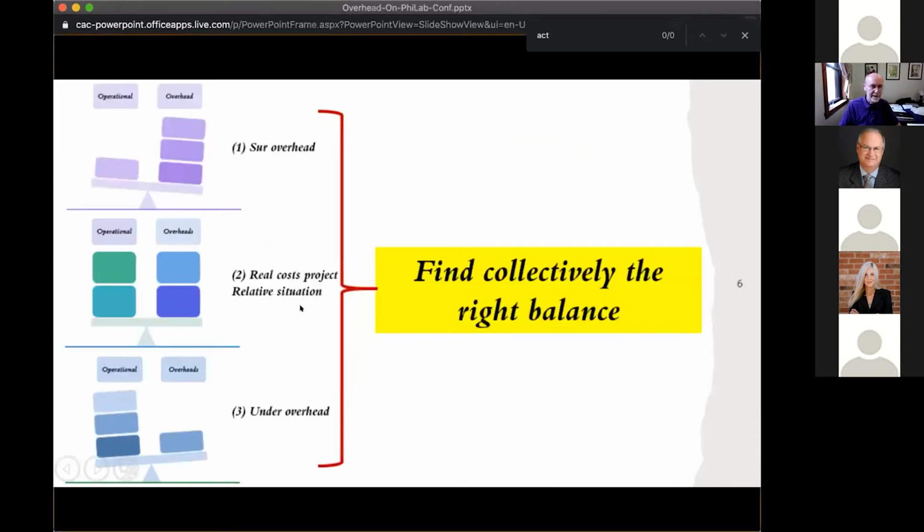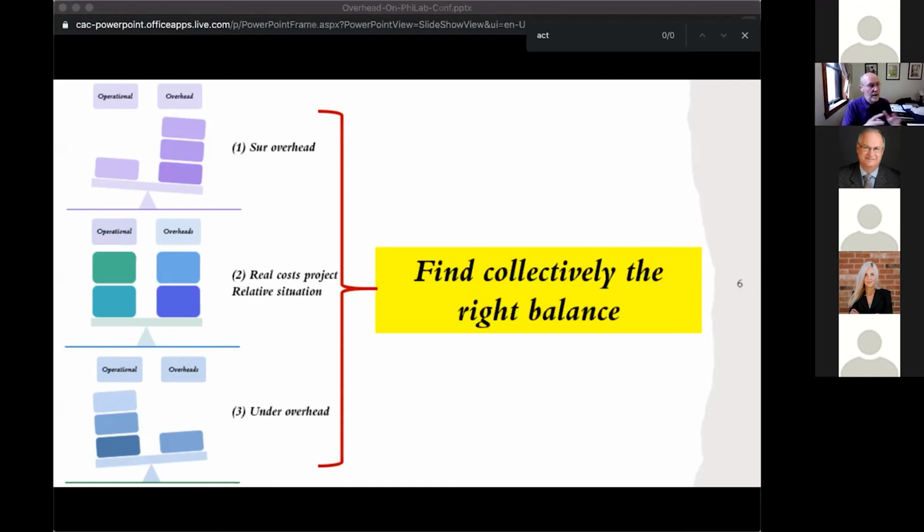So my next slide is trying to find a good balance between too much money going to overhead, what I call the sur-overhead, I'm not sure if it's good English, and the other one, the under-overhead situation. Between the two, you have the real cost of the project, and it's relative, because if you receive a lot of money, a budget of 6 million for example, then you could maybe have no difficulty with a 15% overhead.